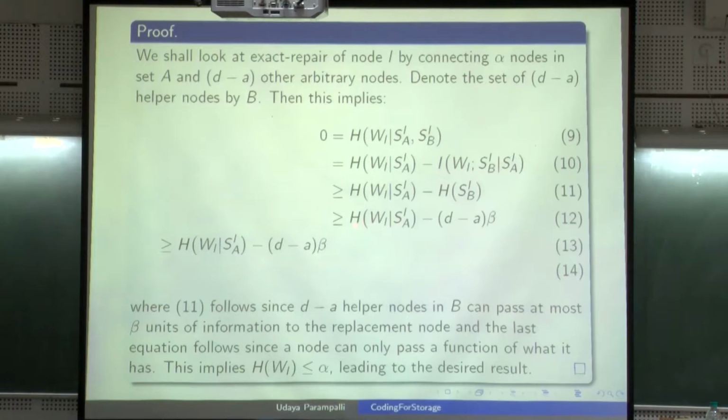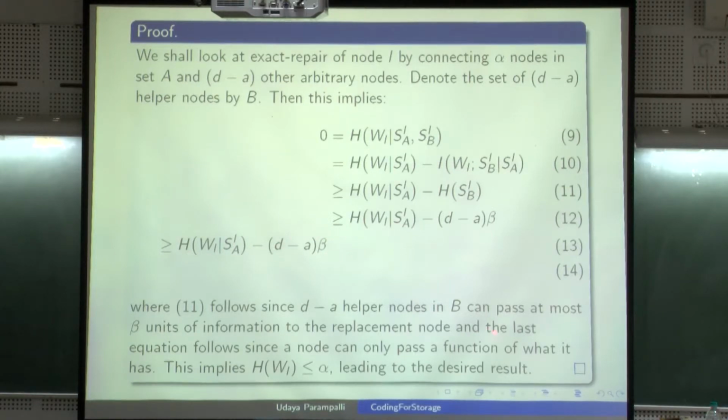So the last equation now follows, since a node can only pass a function of what it has. This can't be more than whatever it has, right.